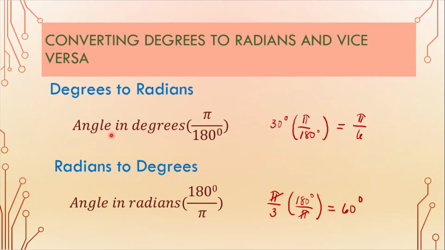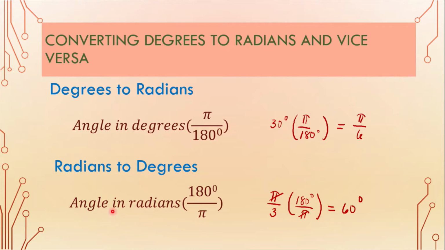The formula is you just multiply the angle in degrees by pi all over 180 degrees. For example, you have 30 degrees, you multiply 30 degrees by pi all over 180 degrees to get the radian equivalent of 30 degrees, which is pi all over 6. On the other hand, if you want to convert radians to degrees, the given here is the angle in radians.